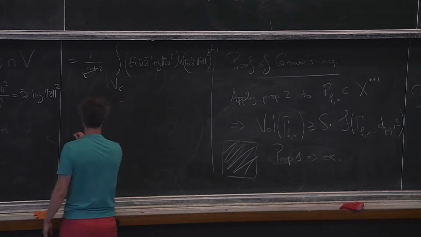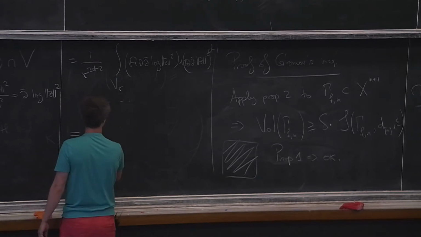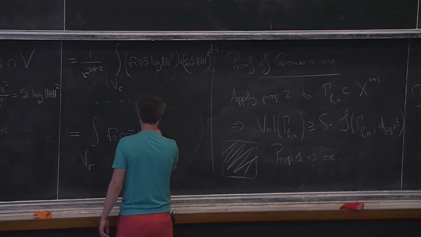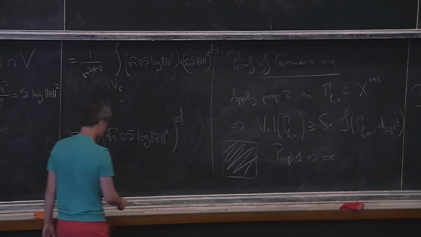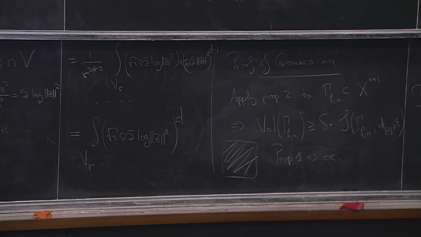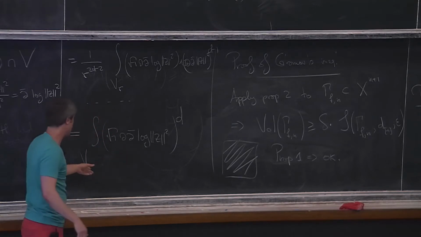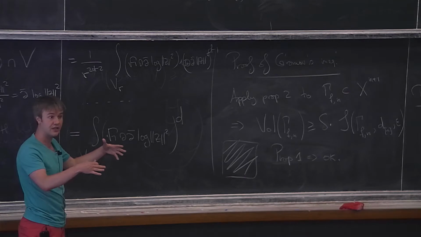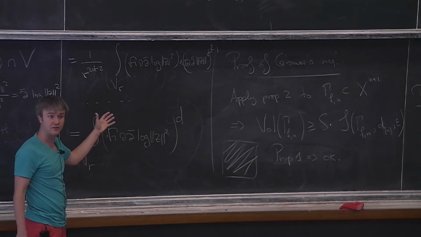So after a long computation, you get that this is equal to the integral over V_r of i dd bar log |z|^2 to the power d. And now you're actually in good shape, because knowing that this quantity is positive, and you're integrating as a function of r over a larger and larger set, this quantity is visibly monotonically increasing in r.